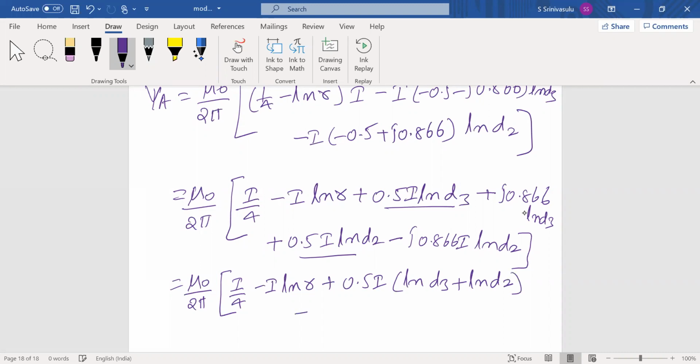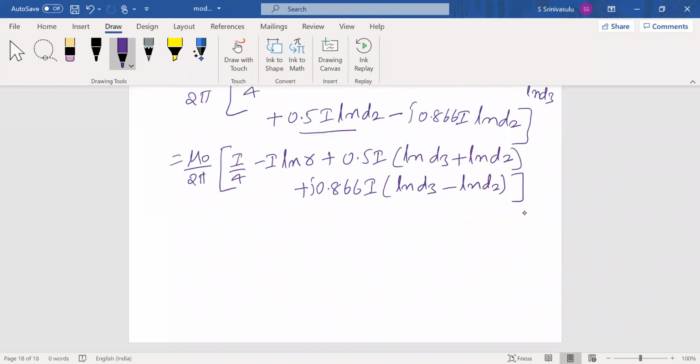What is remaining is J 0.866 I into ln of D3 minus ln of D2. I am simply expanding mu naught by 2 pi, I by 4 minus I into ln of r.